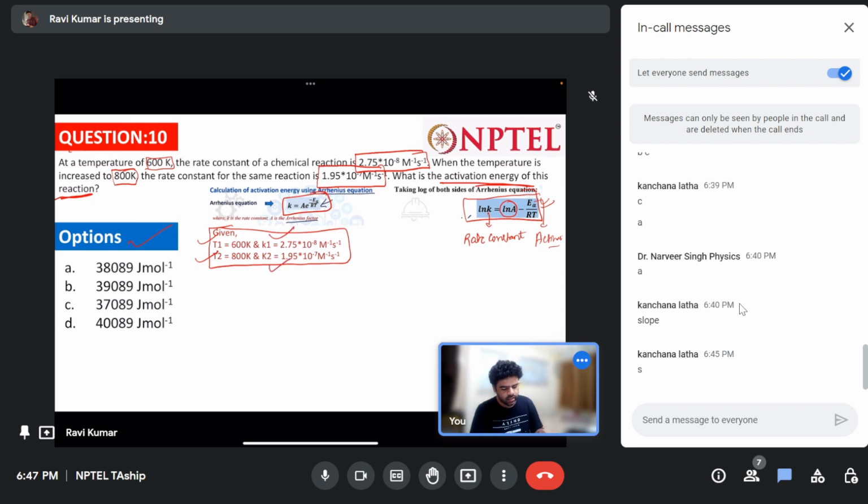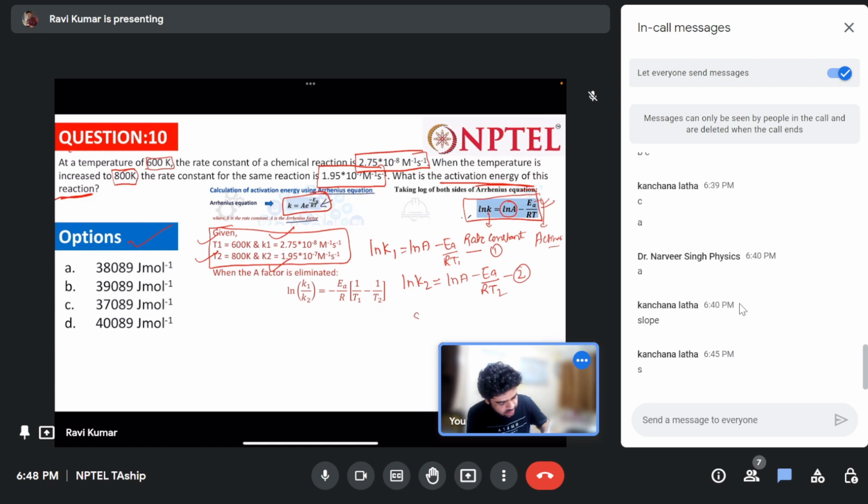Simple. Then just subtract one equation from another. How? Write ln K1 as ln A minus EA upon R T1, and ln K2 equals ln A minus EA upon R T2. So this is equation 1, this is equation 2.